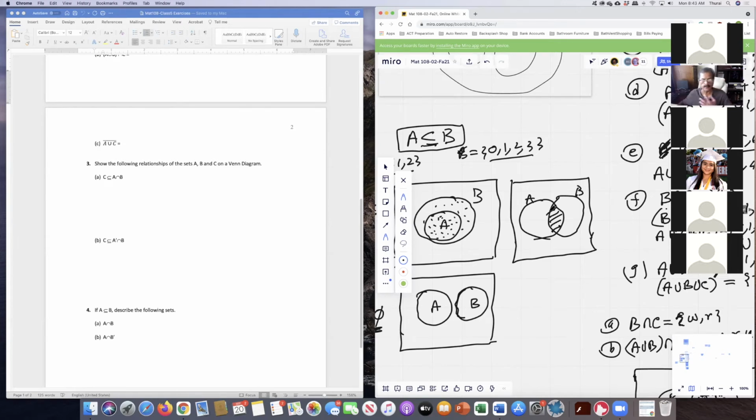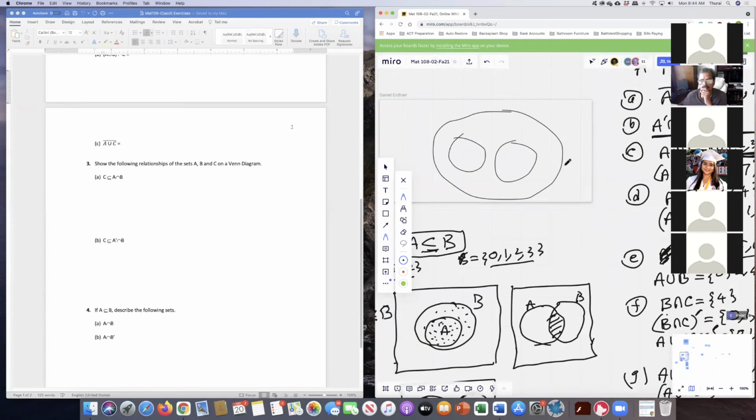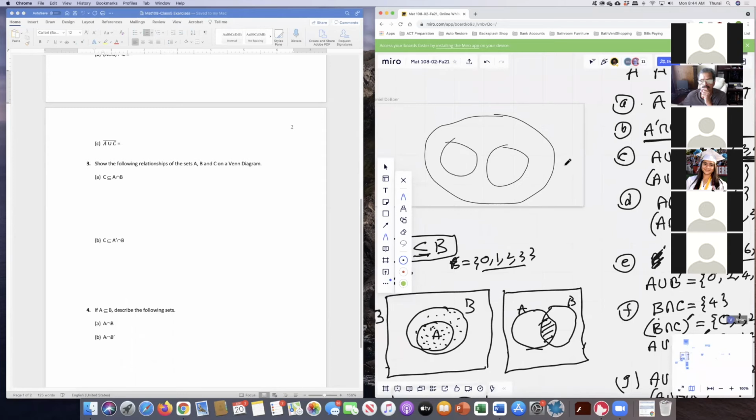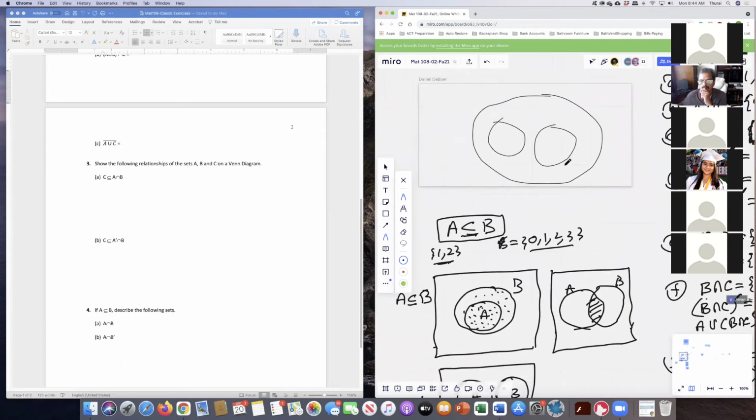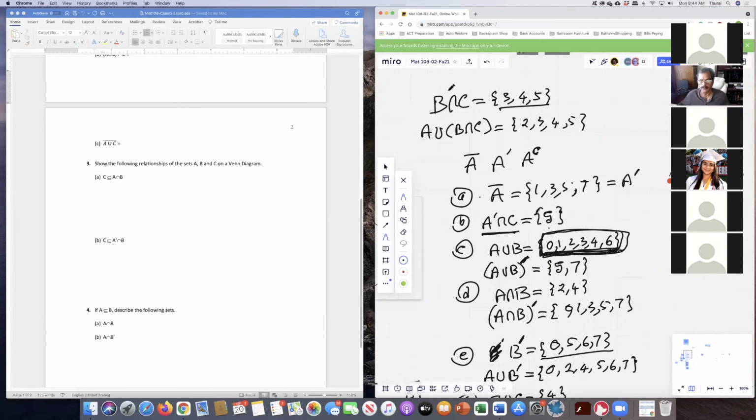C is a subset of A intersection B. You need to show that fact, that information, on the Venn diagram. Okay, I'll give you a few minutes, clearing up my work area.